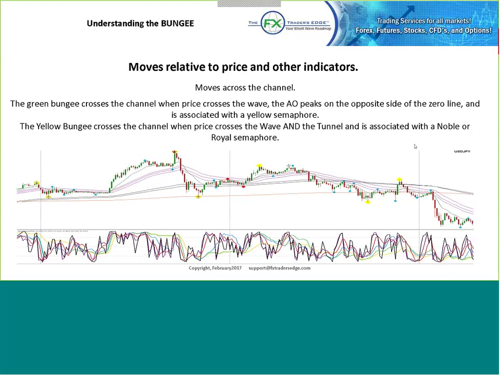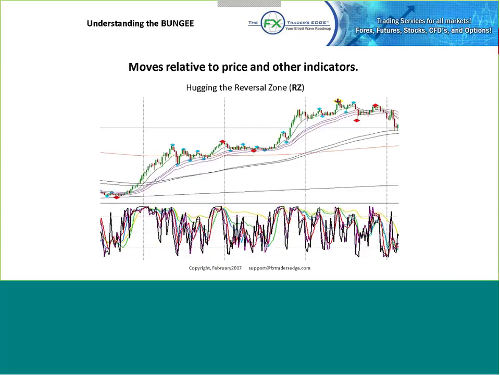Got a couple more slides to get through. Hugging the reversal zone, the yellow bungee is what I want you to look at here. During this move up, the yellow bungee crossed very quickly across the channel, and then it's not going anywhere. Price isn't crossing the tunnel. So the yellow bungee is hugging.